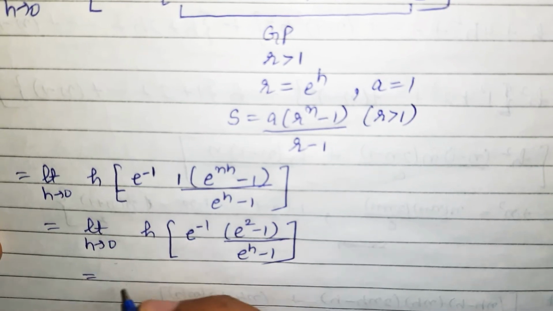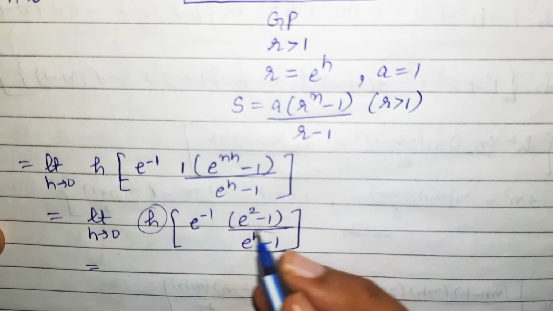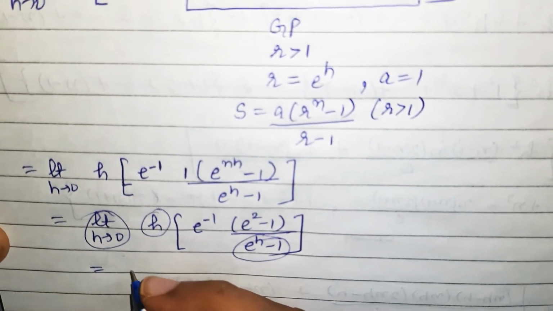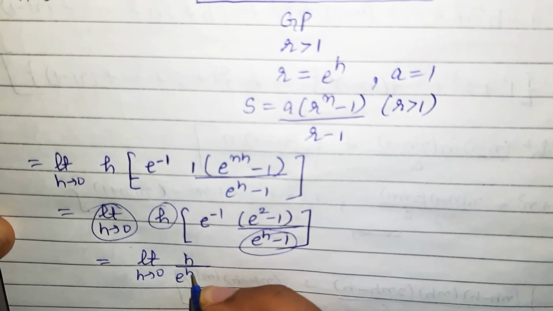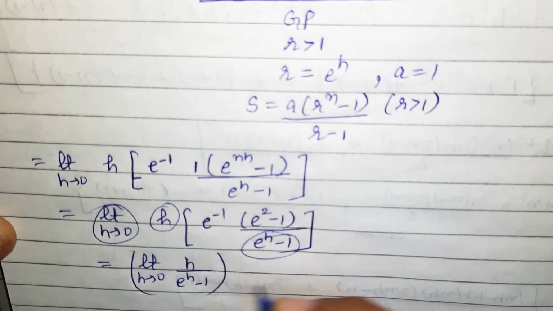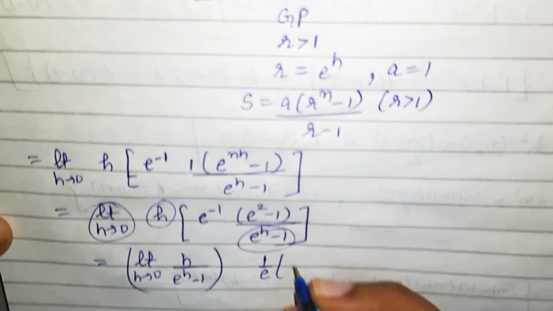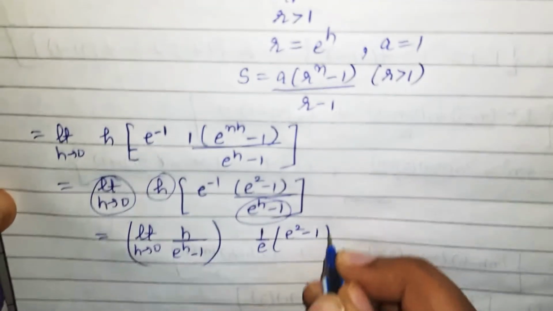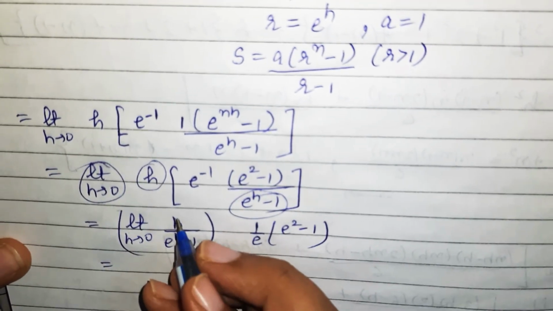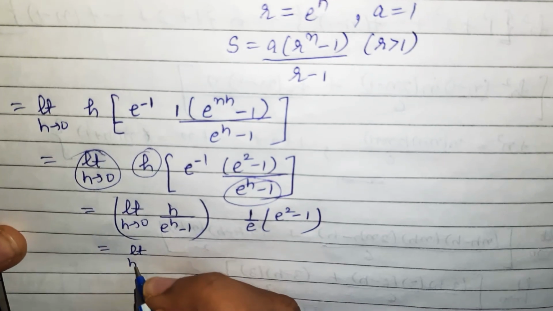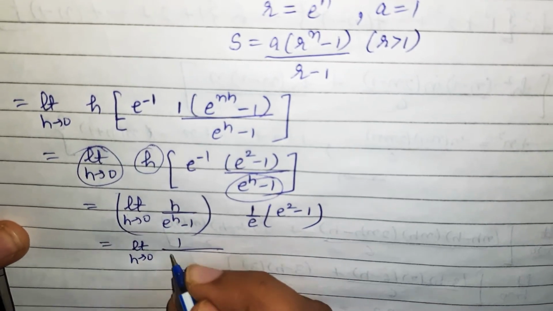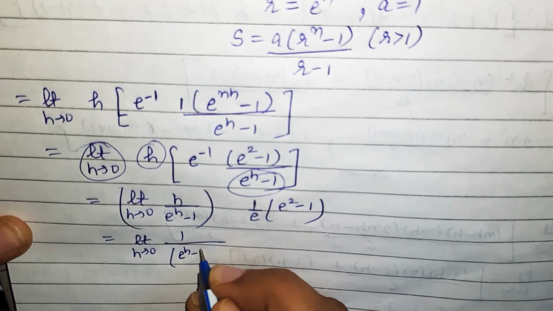Now if I take h inside, this term and this term you can take together. So limit h tends to 0 of h upon e^h minus 1, and this will be 1 upon e^2 minus 1. If I divide by h, what you are getting is limit h tends to 0 of (e^h minus 1) upon h.